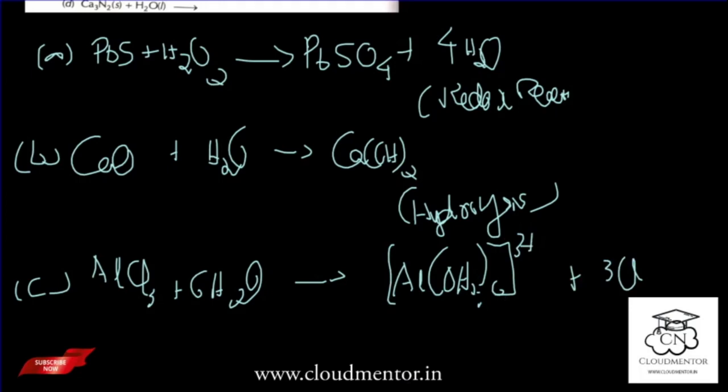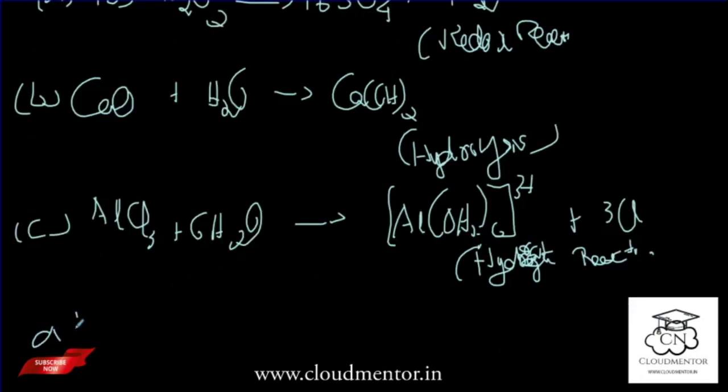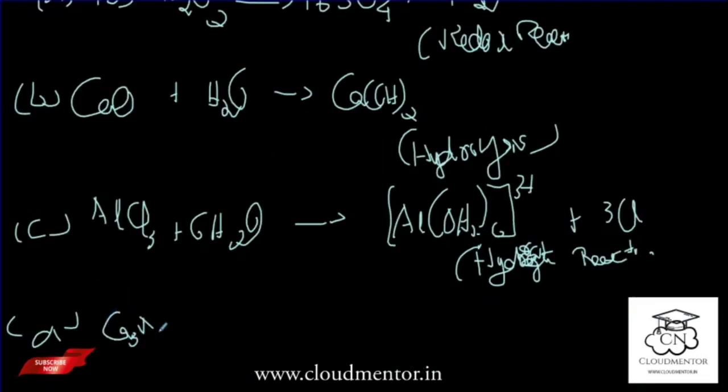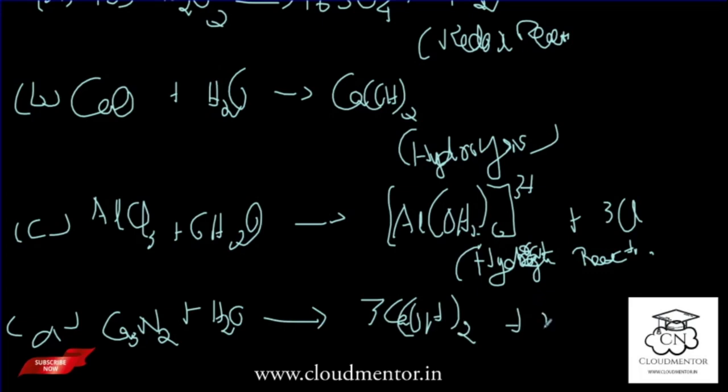Here the addition of water takes place, and so this is a hydration reaction. Okay, and the next one, it is Ca3N2, that is the nitride, reacts with water to give 3Ca(OH)2 plus 2NH3.